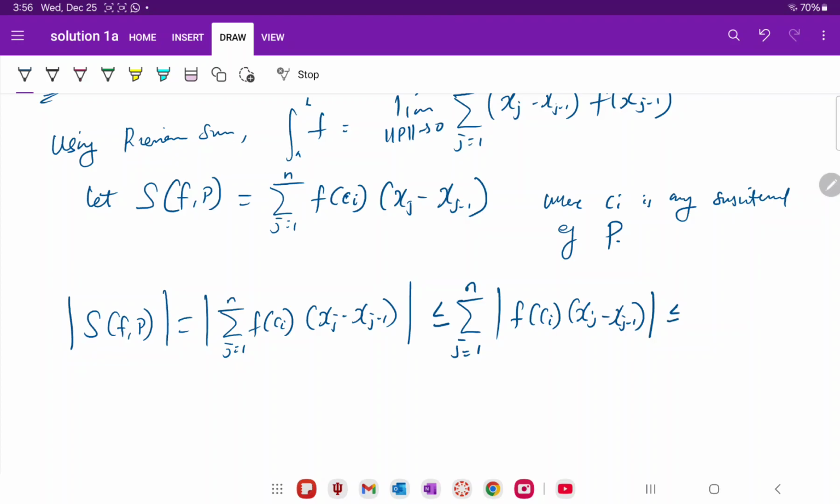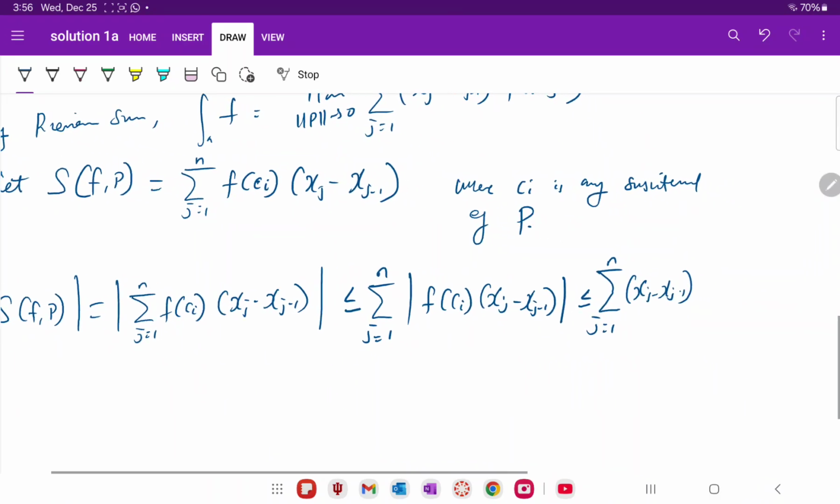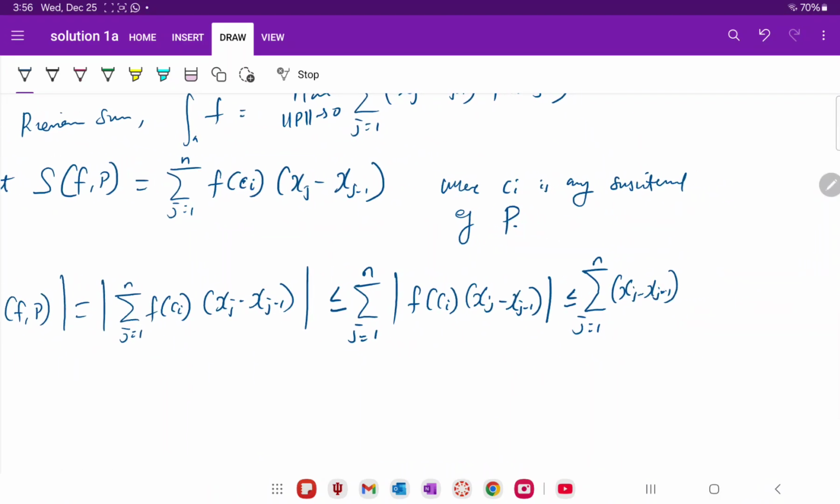And this is less than or equal to the sum j equals 1 to n, since our sj minus sj minus 1 will always be positive, and then our function is also greater than or equal to 0. So we have f of ci.